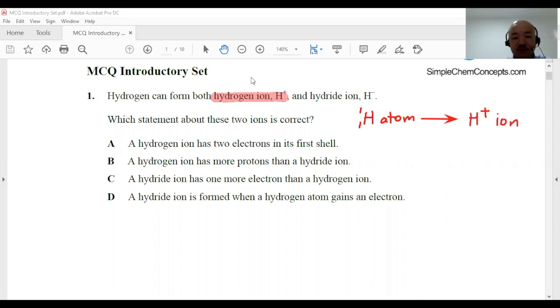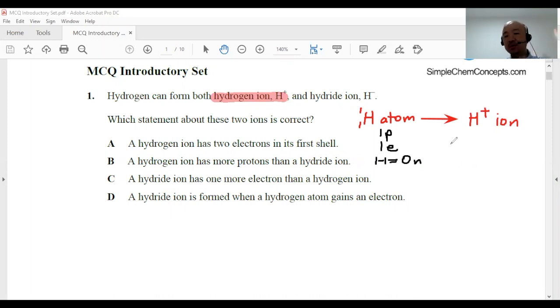So your job is to find the number of subatomic particles inside each species. Proton number 1 means there is 1 proton. An atom is electrically neutral, so you will have an equal number of electrons, which is 1. And the mass number, the number on top, is 1. You take this number minus this, and it will give you the number of neutrons. So it's 1 minus 1 equals 0 neutrons. The number of neutrons is 0 for a hydrogen atom.